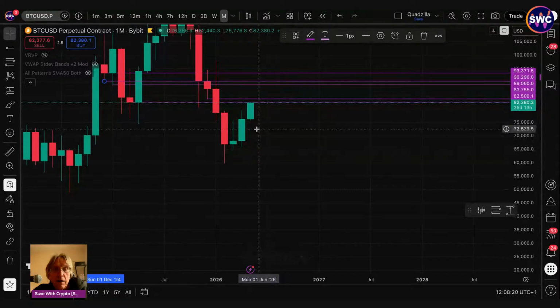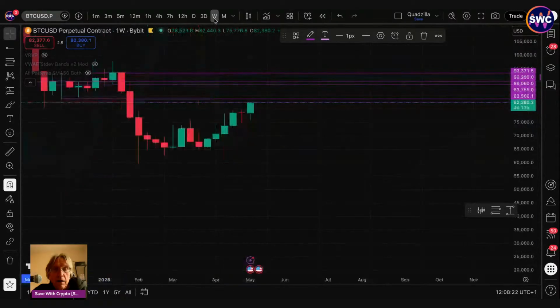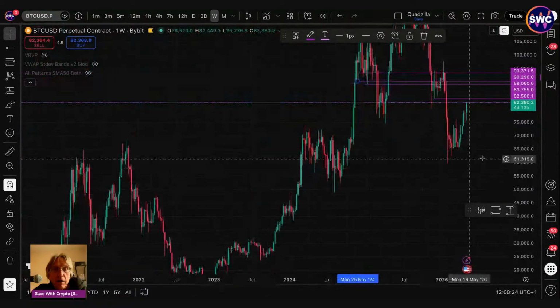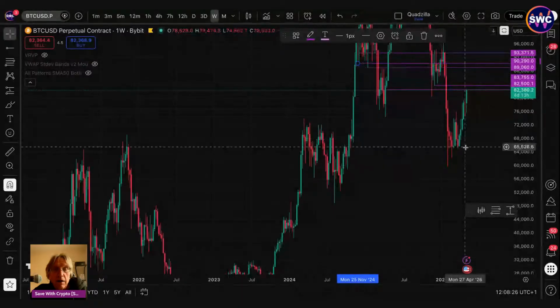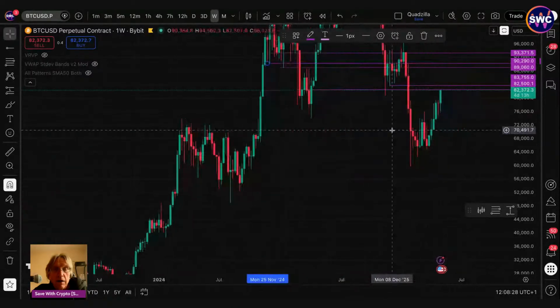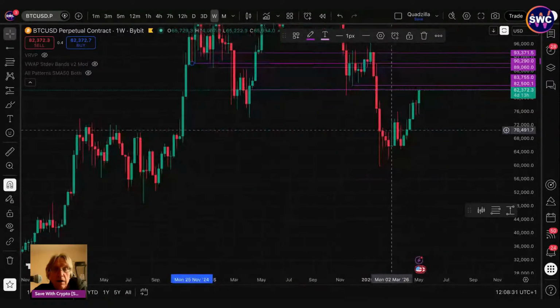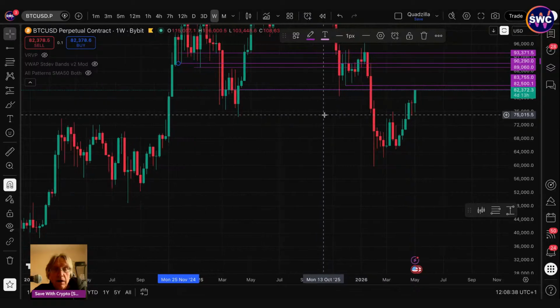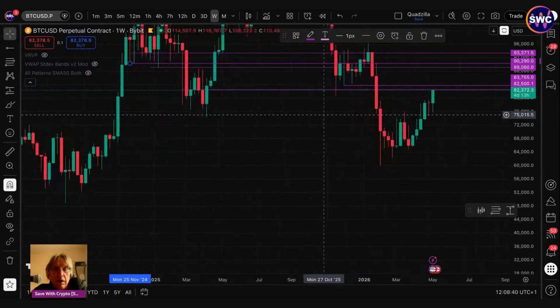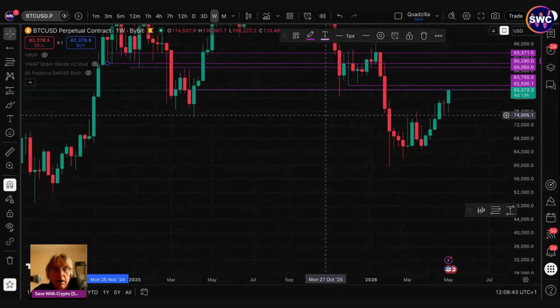Let's just go to the weekly for a moment, because I feel there might be a bit of a pullback. I still think the overall trajectory is going to be upwards, but I feel there will be a bit of a pullback soon. Really, I can't see a ton more relevant stuff there.